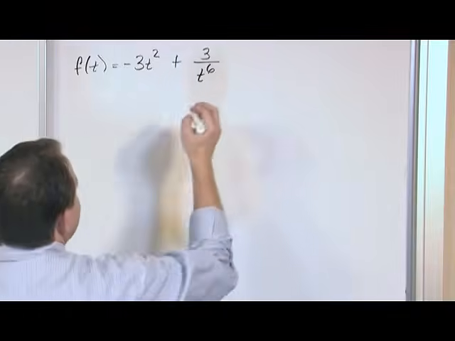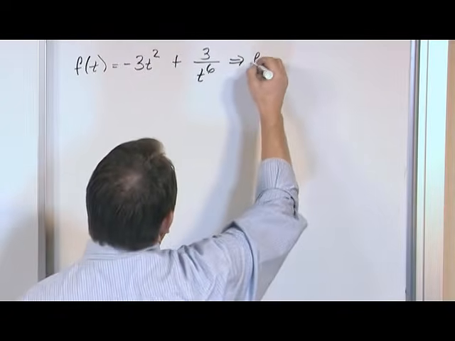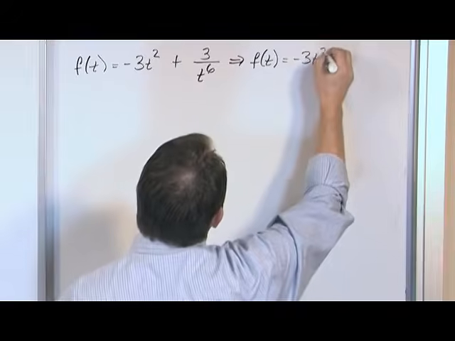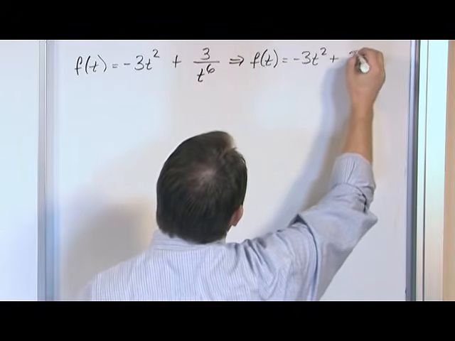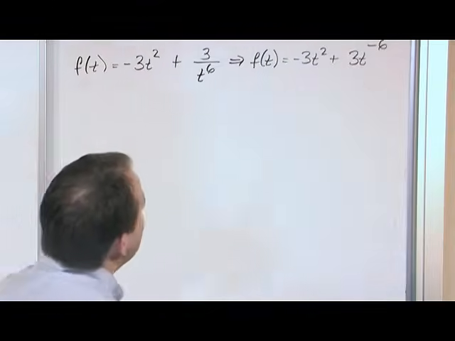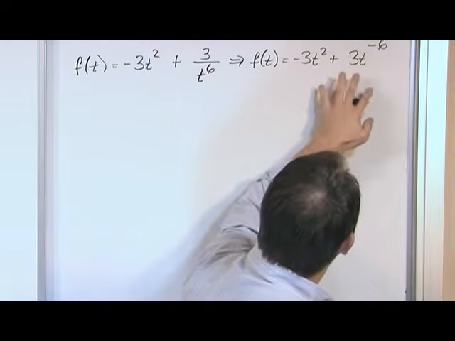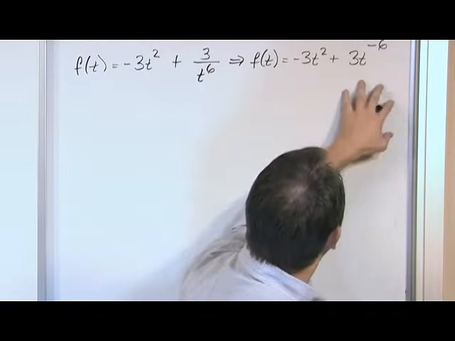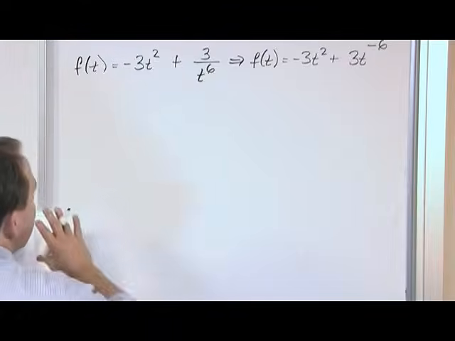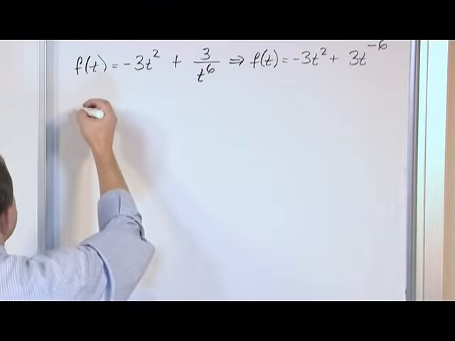If you're given something like this, rewrite it as negative 3t squared plus 3t to the negative 6. We rewrite it like that because now it's in the form we've been working with, a variable raised to a power, and nothing's in a denominator.